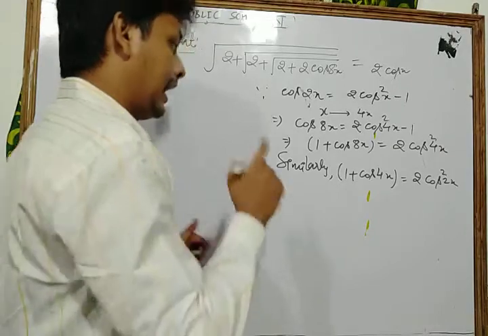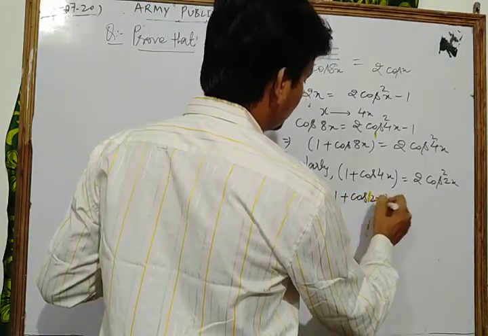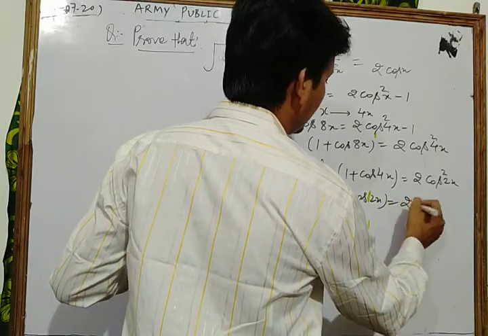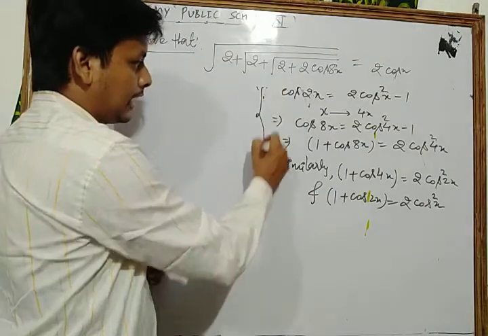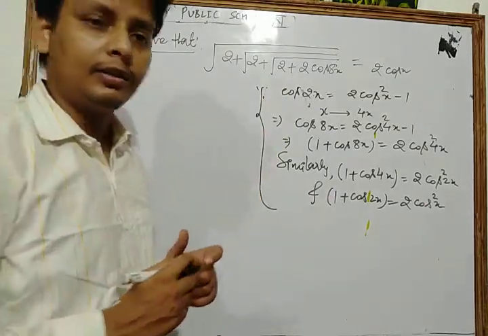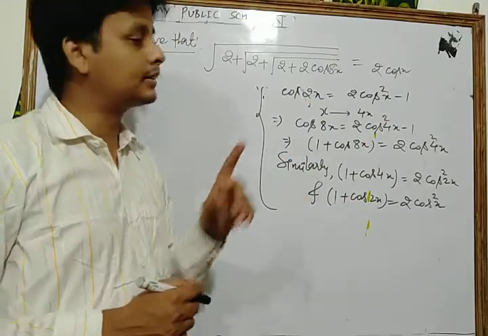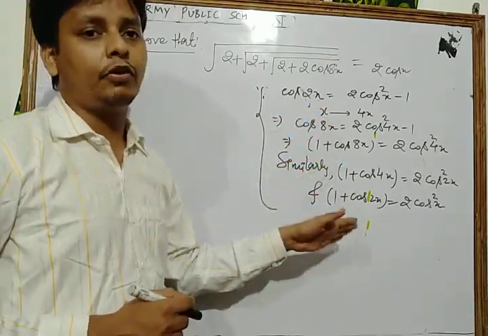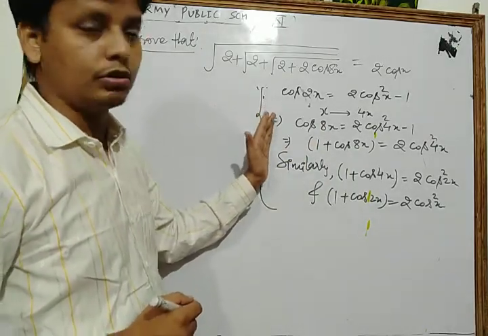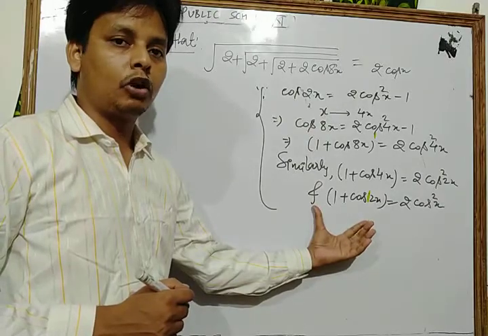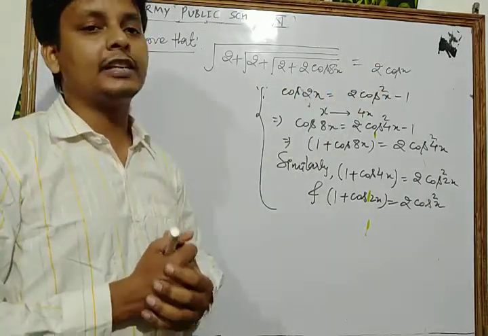And you also know very well that 1 plus cos 2x is equal to 2 cos square x. This is basically one formula in different forms. Now we use all these formulas in this question, and then we get our result as 2 cos x.